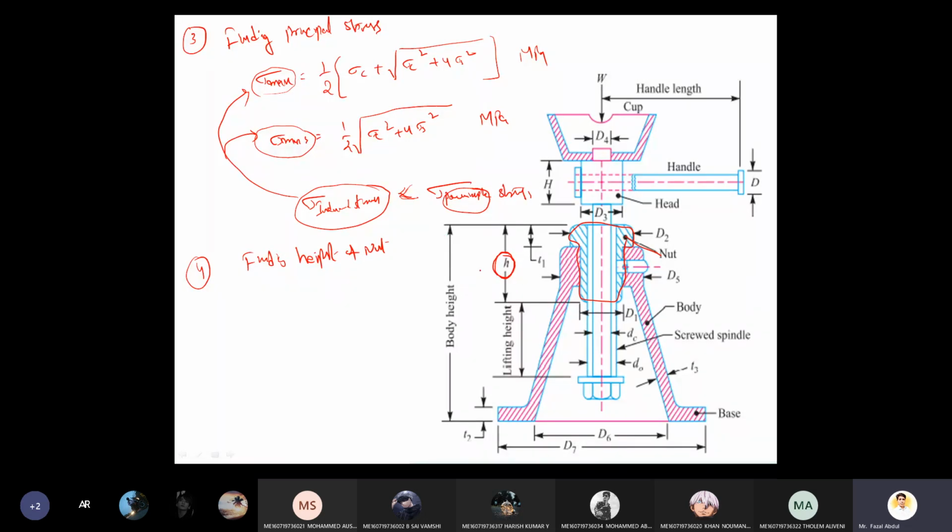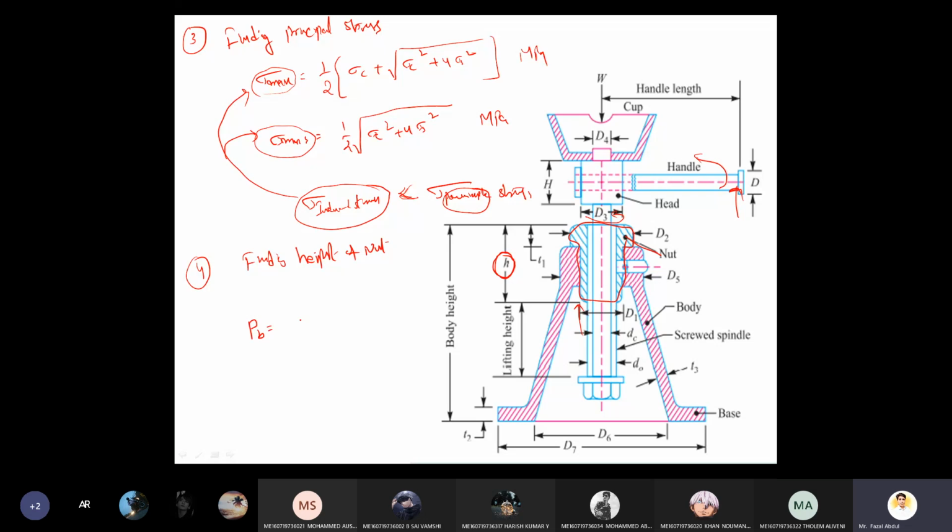To calculate this height, see here, while rotating the spindle, we apply the force manually. While applying this force, due to the rotation of this screwed spindle, the spindle moves in the upward direction. For that reason there will be a bearing pressure involved here.